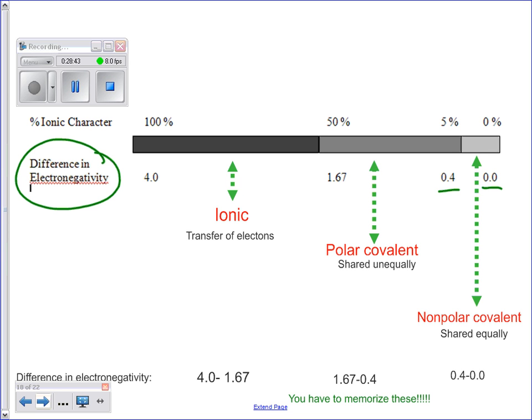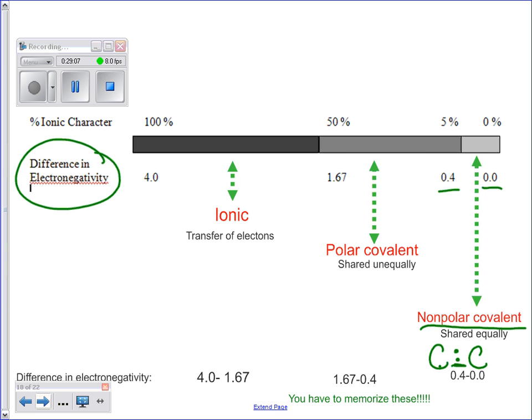For instance, let's say I take carbon and bond it to another carbon, and they're sharing these electrons. Well, they have the same electronegativity values. They both like electrons just as much as the other one, so these electrons are, in essence, going to be shared equally. They're going to be kind of in the middle. So this will be my nonpolar covalent region.